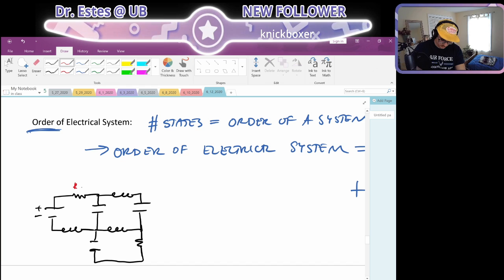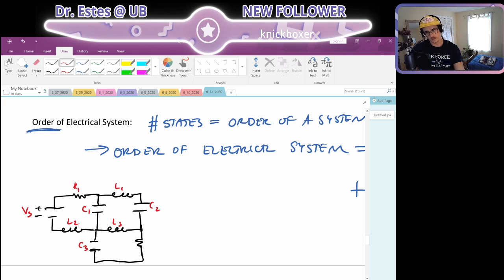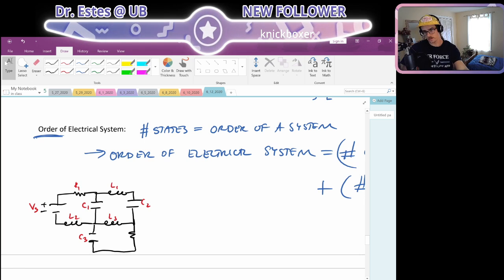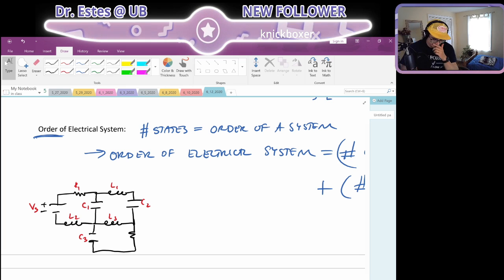And it's like you have R1, L1, L2, L3, C1, C2, C3, source voltage. And I ask you, okay, look at this crazy circuit. What order system is this? And you say, what do you say?